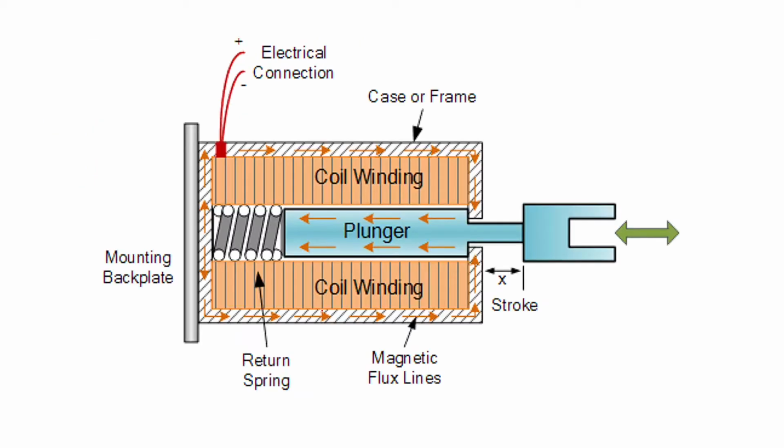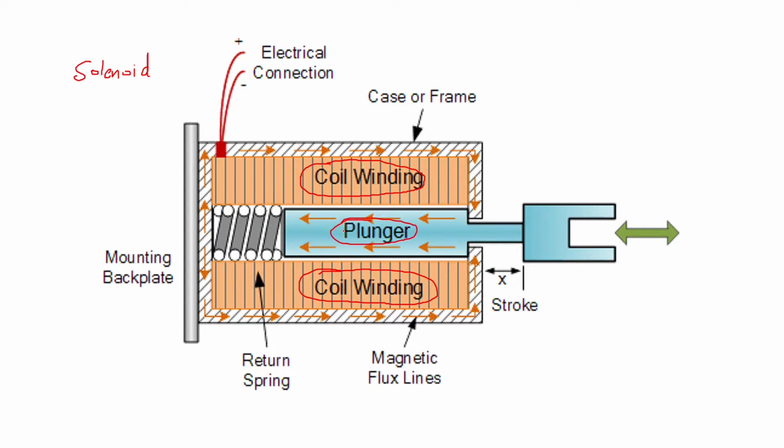Okay, so here, if you see, this is the structure of a solenoid that we have shown here. So this is your solenoid. Now here in the solenoid, you have a coil winding here. You can see that there is a coil winding here, and there is a coil winding here, and in the space between the coil windings you have a plunger.